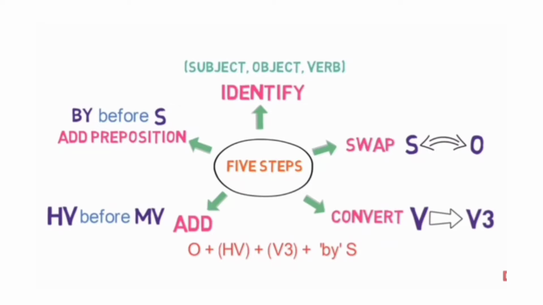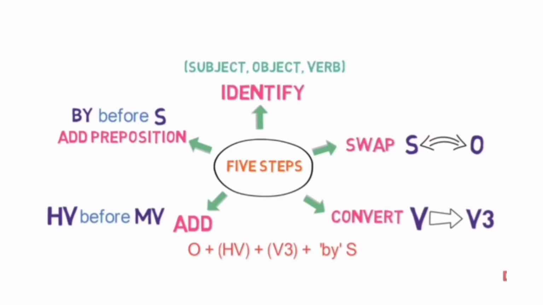Do you remember the rules to convert an active sentence to passive? Let's revise. First one is identify the subject, object and verb. And the second rule is swap subject to object and object to the subject.